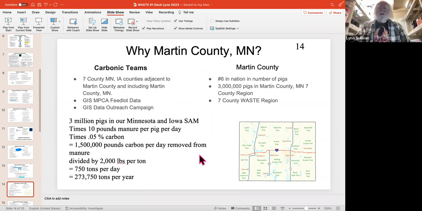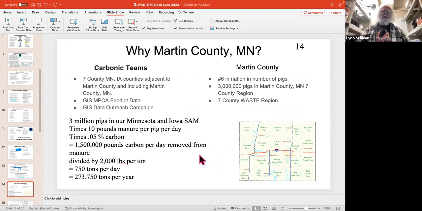Okay, that brings me to, if I may, a good lead in. Why Martin County, Minnesota? Why did I choose that? Remember also, this is a model that I put together, which is just a model. It mixes some realities that are in my brain, but it's a model.